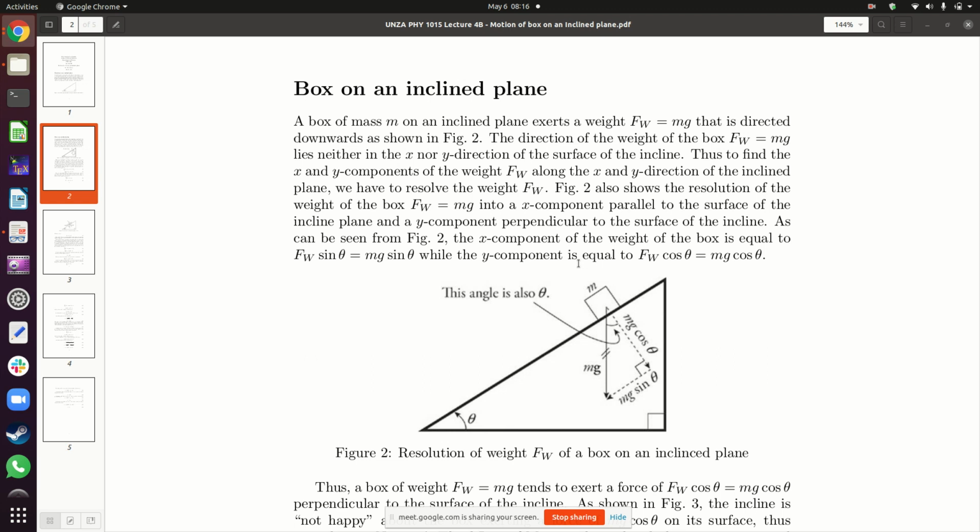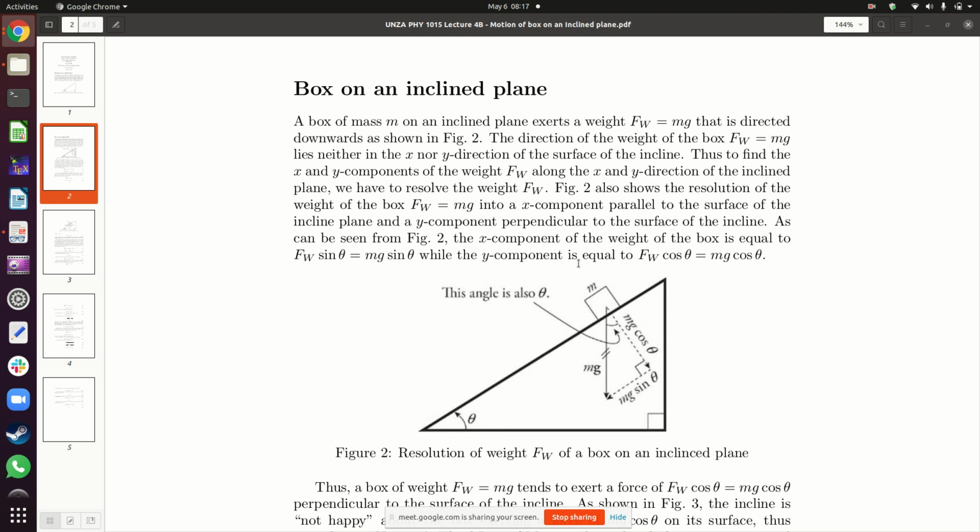So we've got two interesting cases. The first case is when the object remains motionless, telling you that the resultant force is not absent, but it adds up to zero. Then you've got another case when the object's velocity increases. When the object's velocity increases, it means that the resultant force is present and it is not equal to zero.